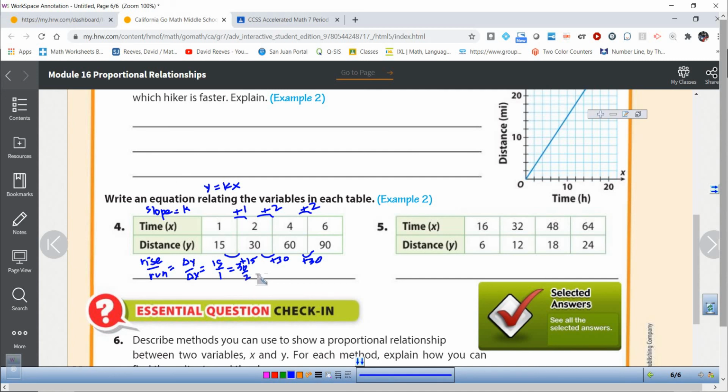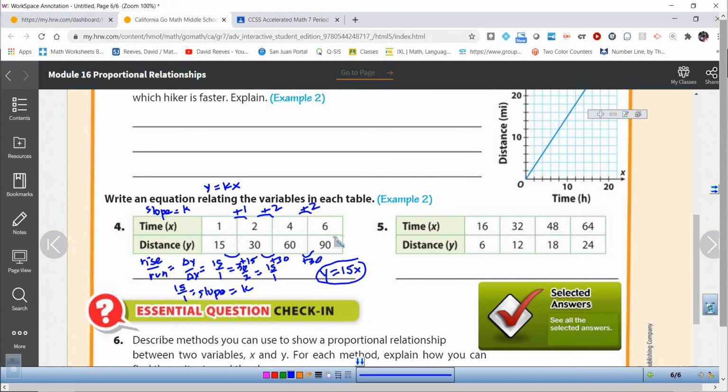Do you see how they both simplify to 15 over 1? All right, so 15 over 1 is the slope, but the slope is equal to k, so the equation is y equals 15 over 1 or 15x, which totally makes sense because take a look at these y's.